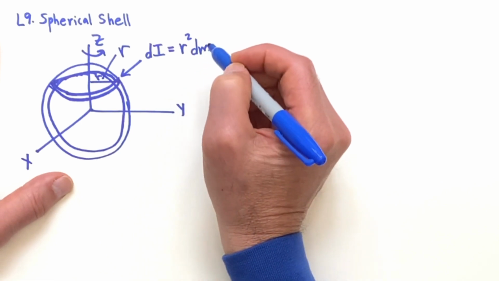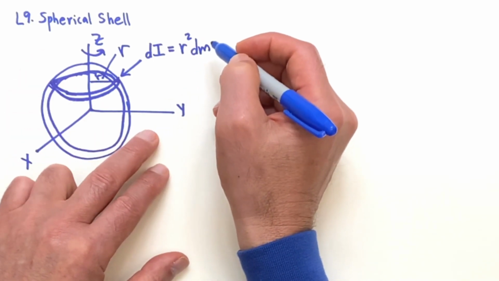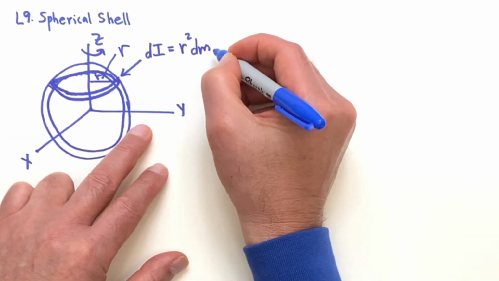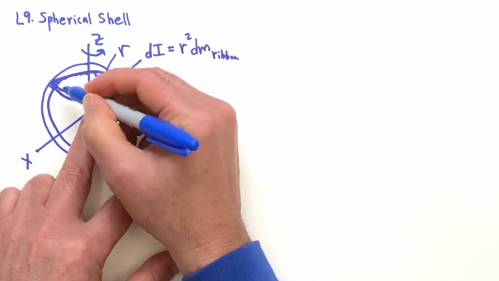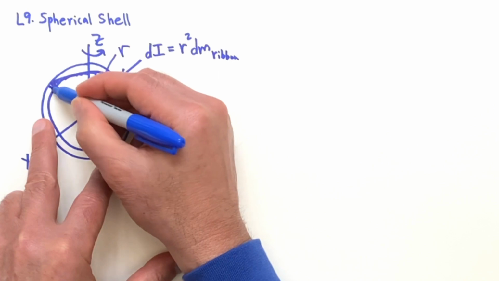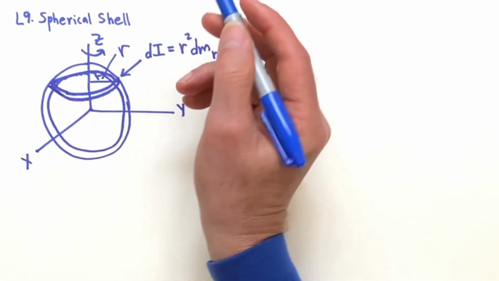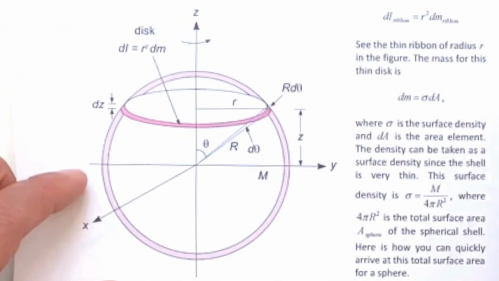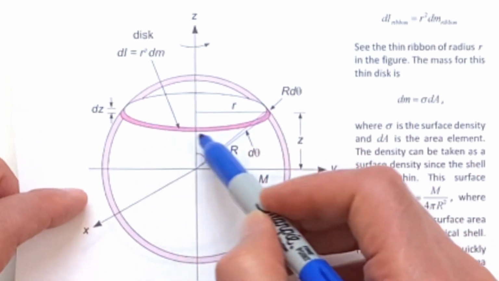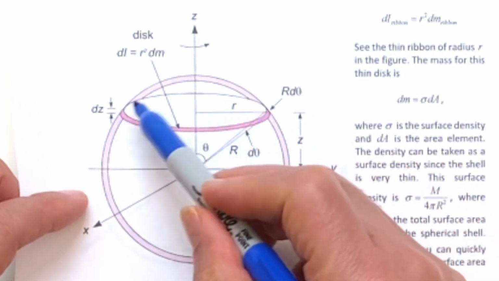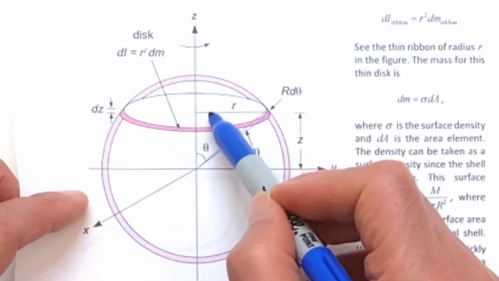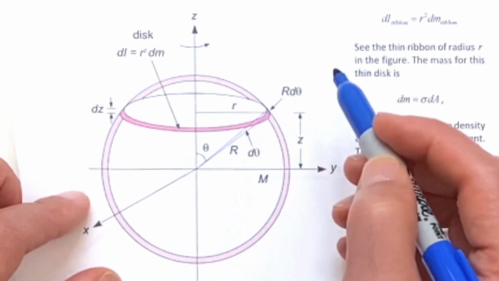But now our dm is made from a ribbon. I'm going to say ribbon here, because this is really a ribbon effect. Now there's a better diagram here for you in the text where we have this little ribbon that's going around and it's hollow, empty inside.